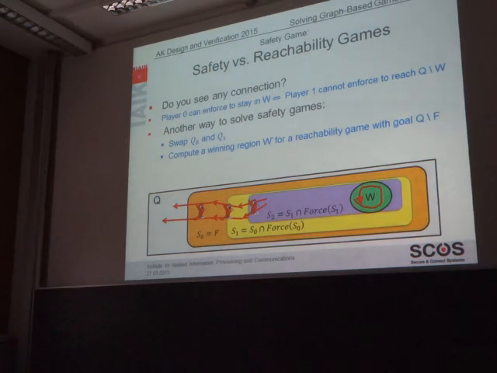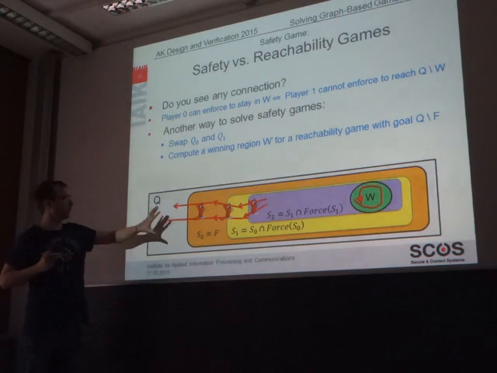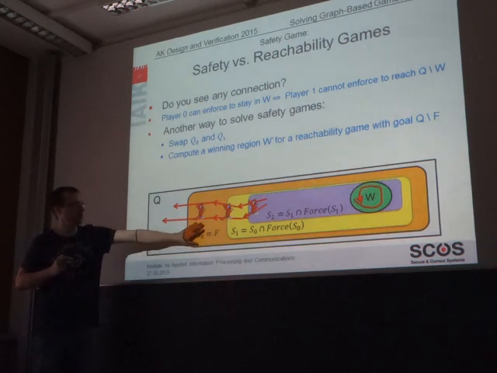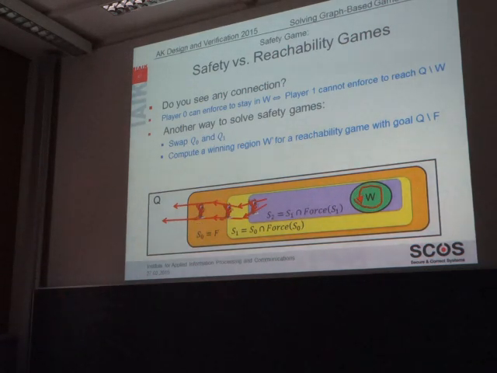So we basically check from which states that evil guy can enforce to reach one of these states that is outside of this orange region. Now these are exactly the bad states, the problematic states, which we must never end up with. So what we get here is exactly the negation of the winning region for our original problem.